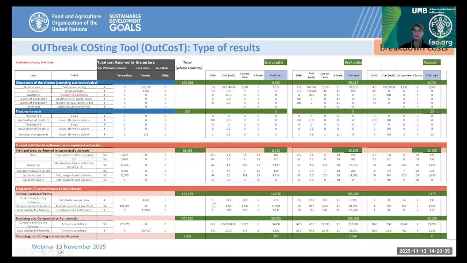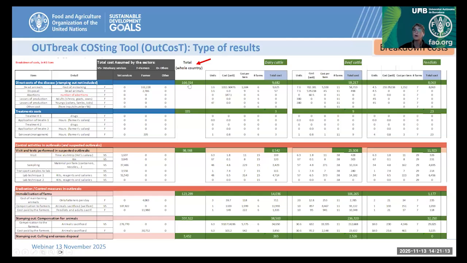And this, don't get scared, is the breakdown cost, which is for people who are really interested in all the details of the calculation, or if you want to extract data for other types of estimation. Here you can see a general block, either an outbreak or an at-risk farm, then this is subdivided into macro activities within the block, and then each macro activity is again subdivided into specific items that are the individual rows in the table.